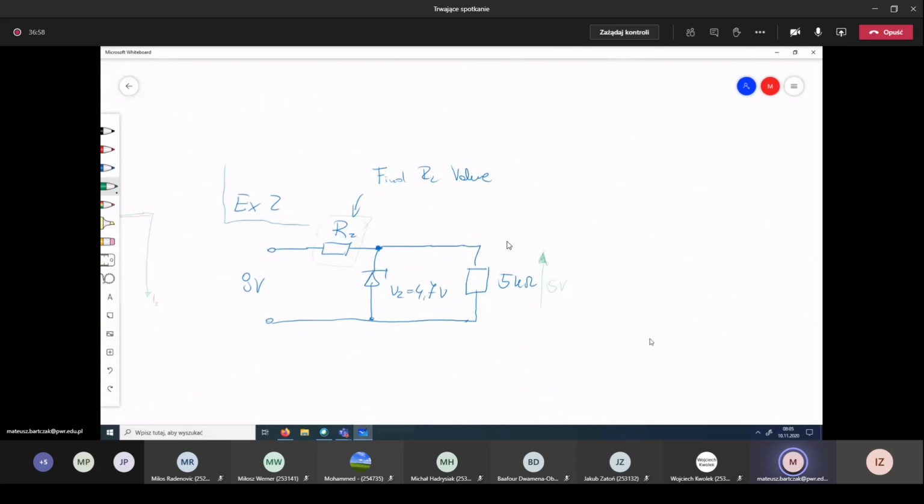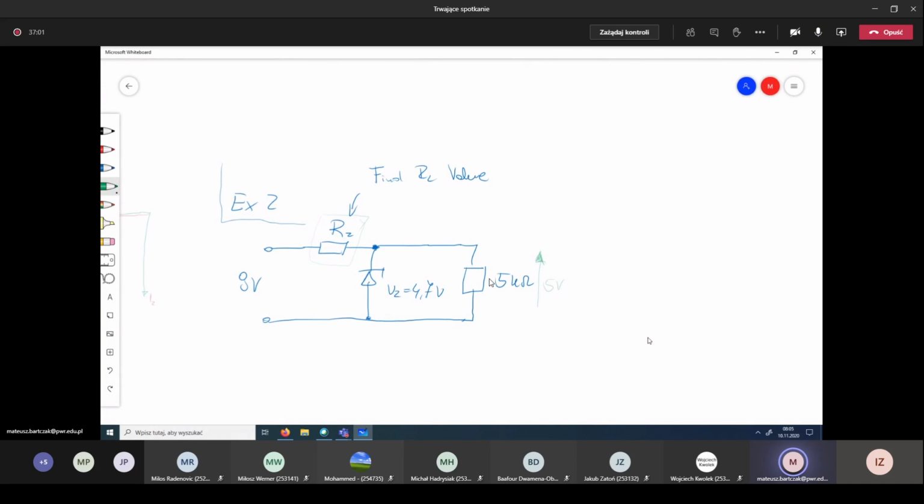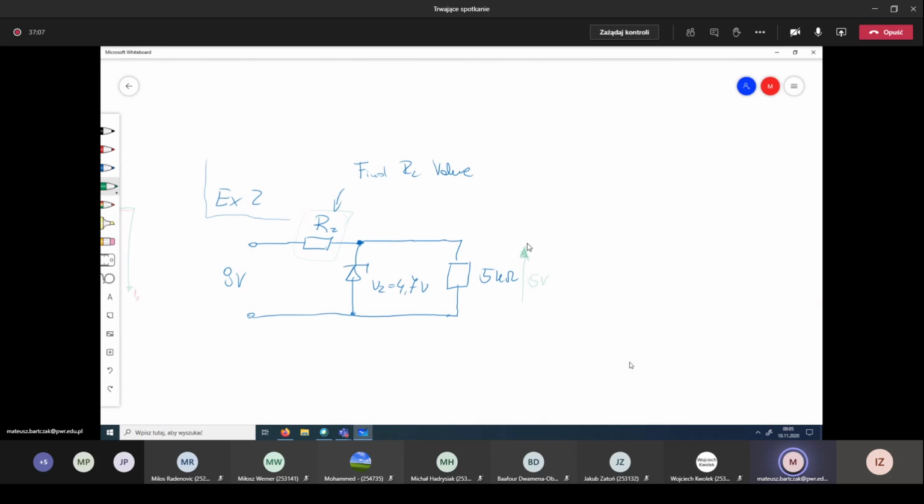I would say we have to treat the Zener diode and the 5 kilo ohm resistor like parallel resistors, and connect them together. But they are not connected in parallel with this R2.